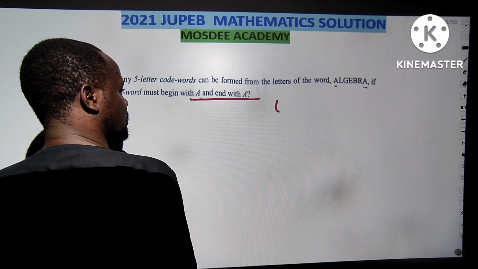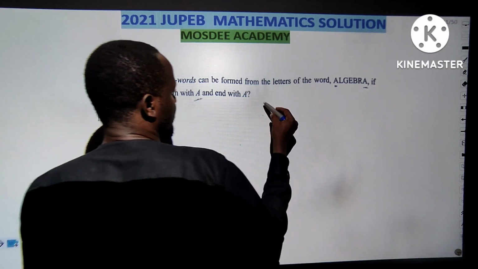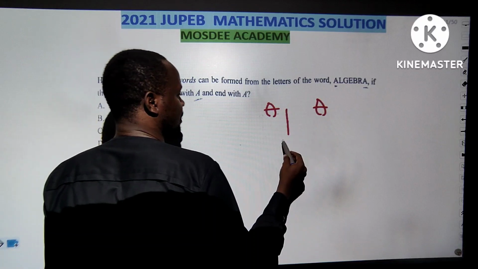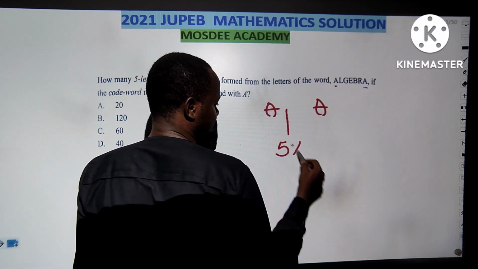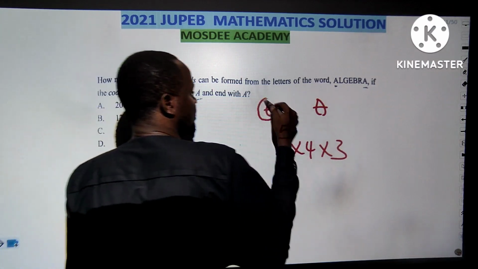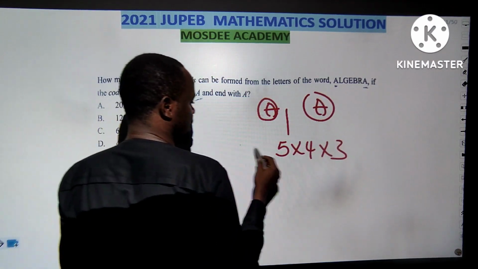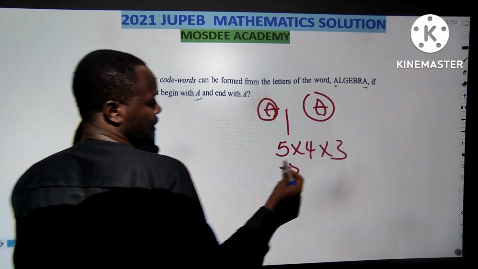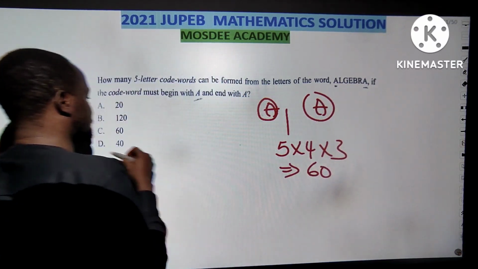So I have 5-letter words, and A at both ends. That means I've picked 2. The remaining letters are 5, 4, and 3. So because I've picked the first and last, the remaining choices are 5, 4, 3. 5 times 4 times 3 is 60 ways. So that's 60.